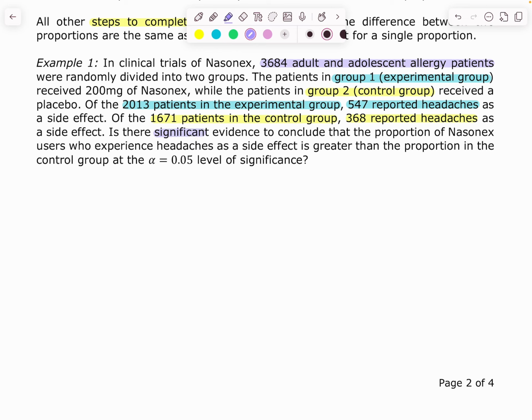Is there significant evidence tells me I'm going to do a hypothesis test. The word proportion tells me I'm looking at a proportion. Nasonex is greater than control group. And then 0.05 level of significance.